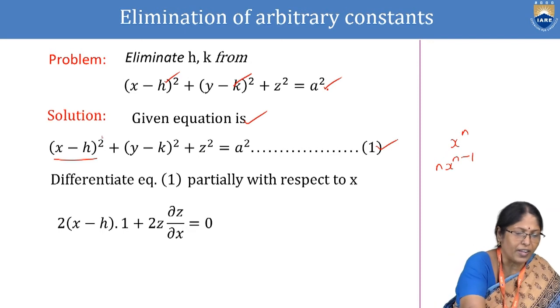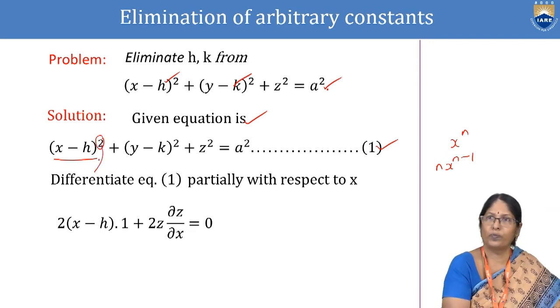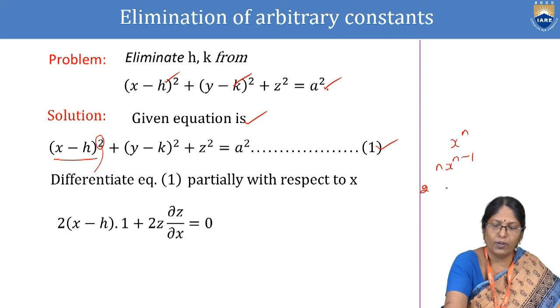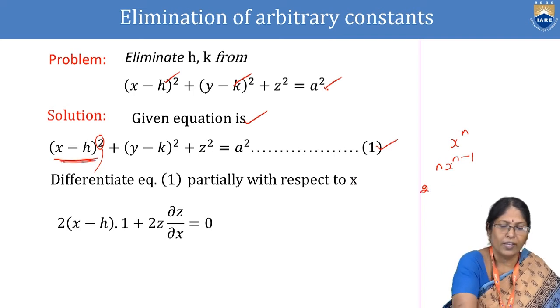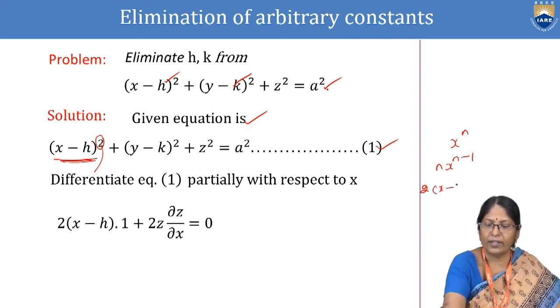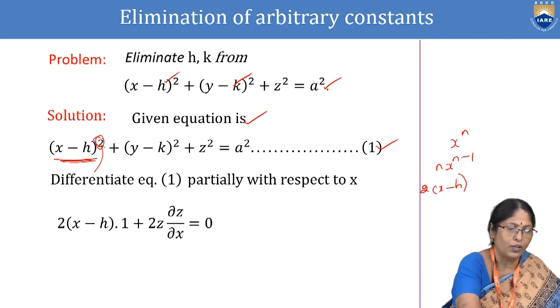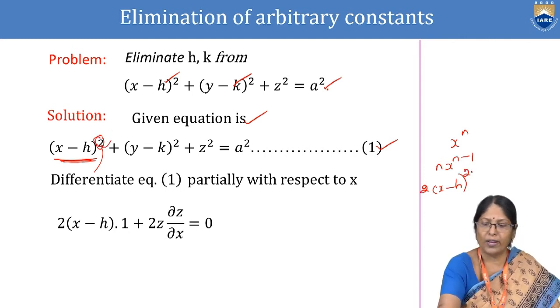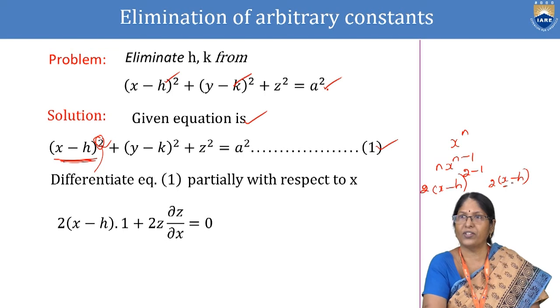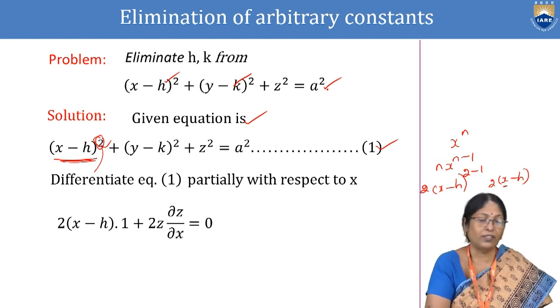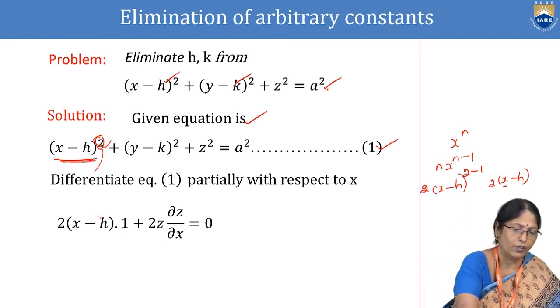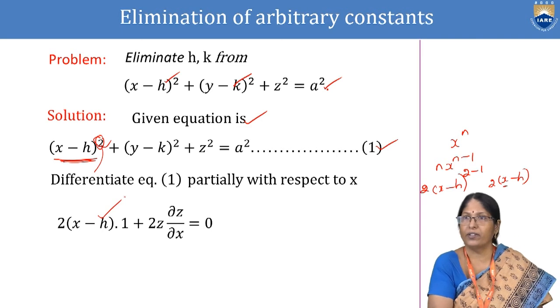Here our n is 2, and the base is x minus h. So 2 minus 1, so 2 of x minus h. Again, x we should differentiate, and the x differentiation is 1. So this we completed.